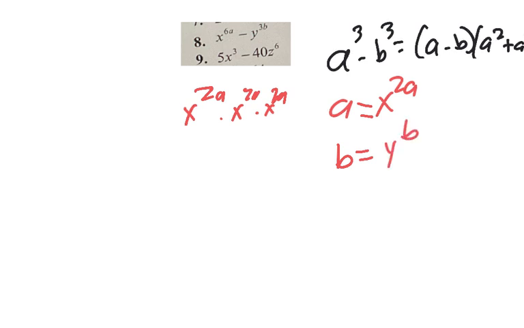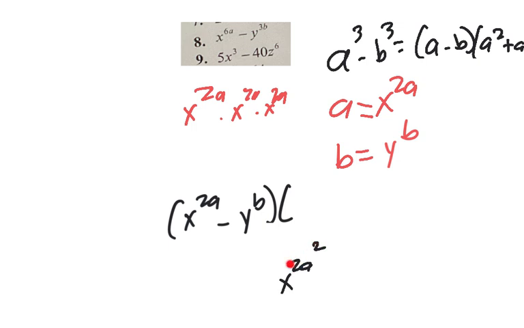And I'm just plugging into the formula. So this becomes x to the 2a minus y to the b times x to the 2a squared. Okay, so this is little scratch work. X to the 2a is my a value, but I need to square that. If I have a power raised to a power, then we multiply.